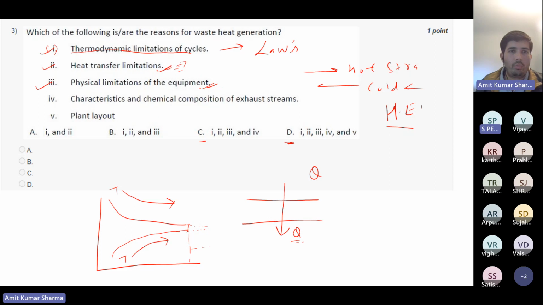Whenever we transfer heat, we are going through some process, and various changes will happen. They will increase the entropy of that particular process, so some part of the heat will be lost. So there will be a heat transfer limitation due to thermodynamic principles.